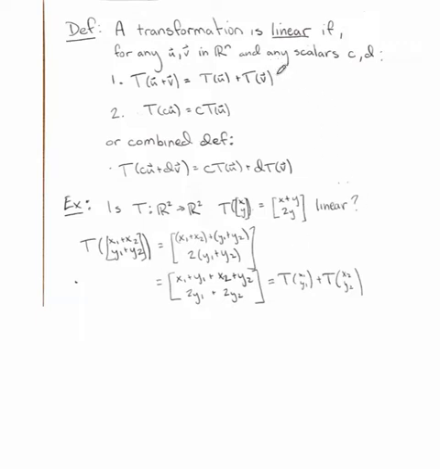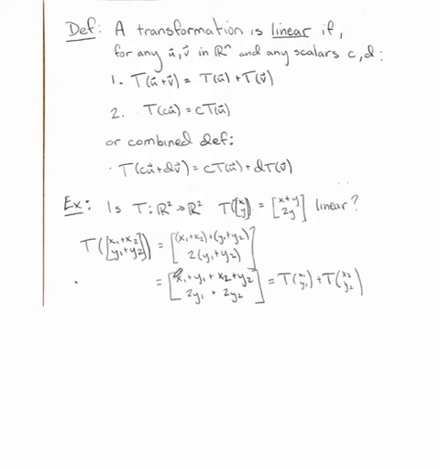I'm doing this part 1 up here. What happens if I add the two vectors together? Then on top, the rule would be this plus this, and below I'm multiplying by 2.